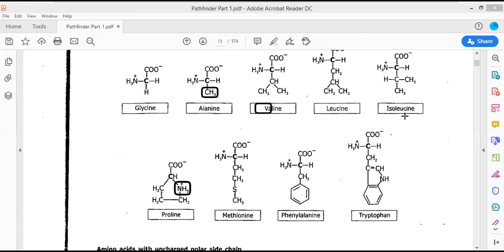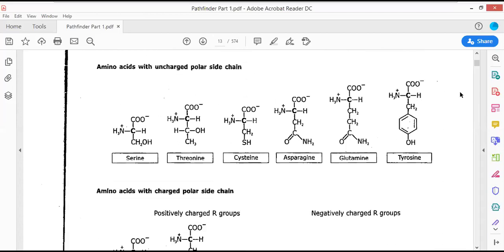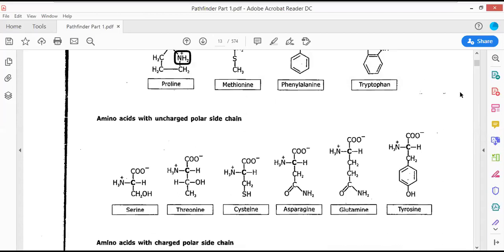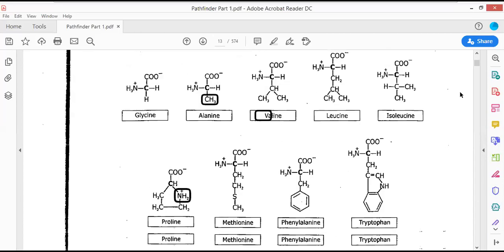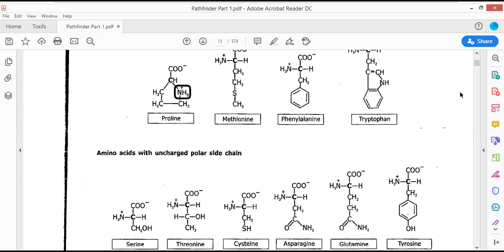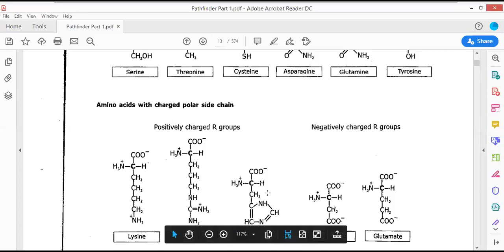Where is histidine? Arginine, lysine, histidine will be given as such. Ooh, this is histidine. CCHNH.